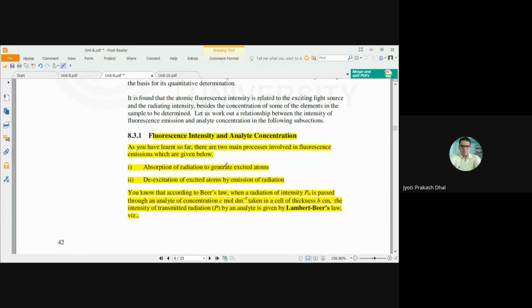In the principle, first we will discuss the fluorescence intensity and analyte concentration. There are two main processes involved in the fluorescence emission.